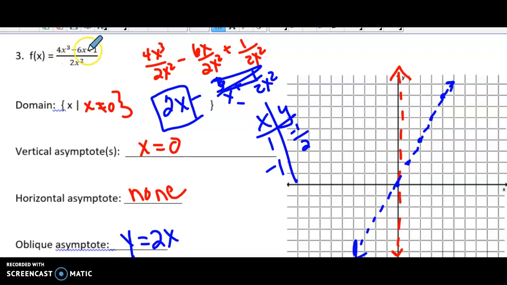That's 2 plus 1 is 3 over 2. So 1 gave me -1/2. And -1 gave me 1.5.